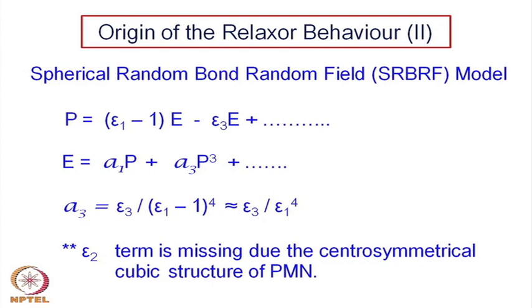In this case, the epsilon 2 term is not there because of the centrosymmetrical cubic structure of PMN. So, the polarization expression, or the relationship between the polarization and electric field, is quite different here compared to the normal ferroelectrics.